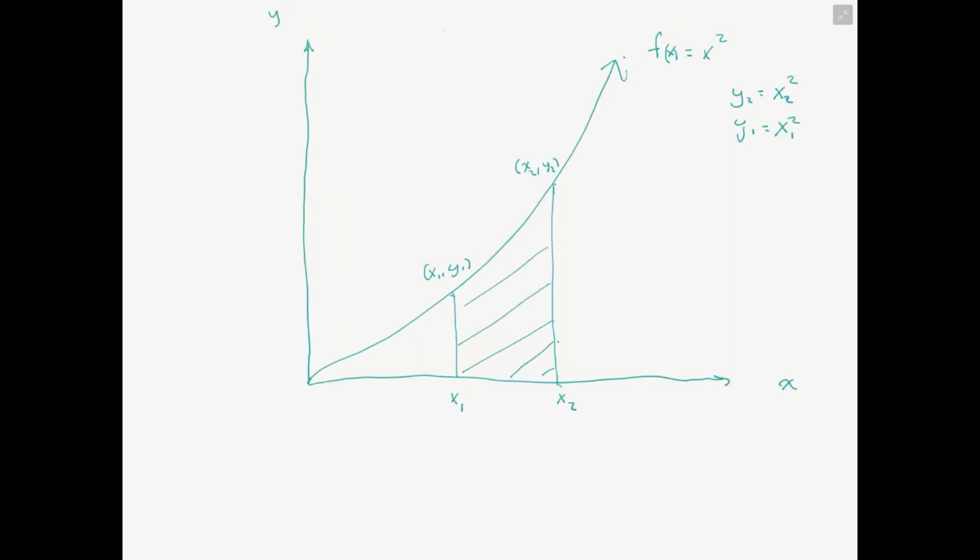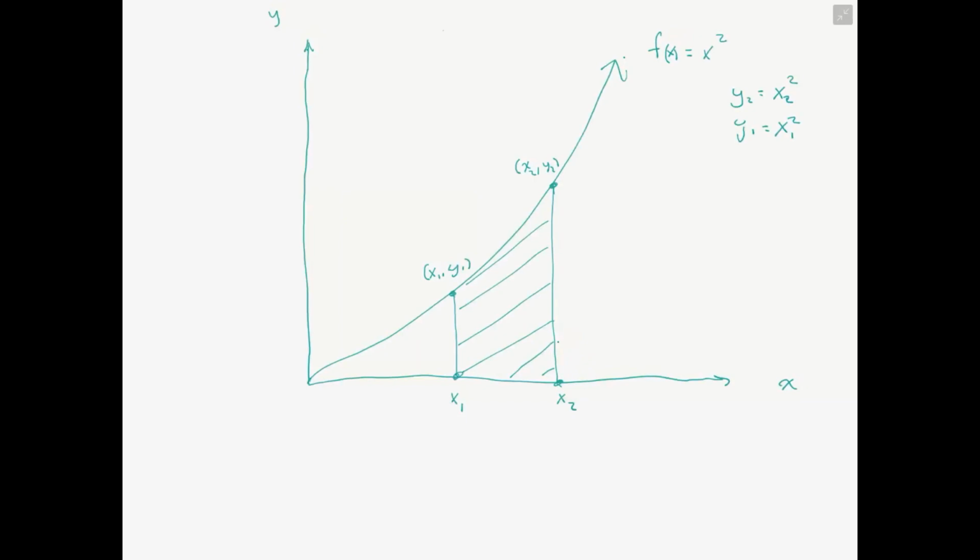What the integral between these 2 points, we call these the limits of integration. The limits of integration are this point, this point, this point, and this point.